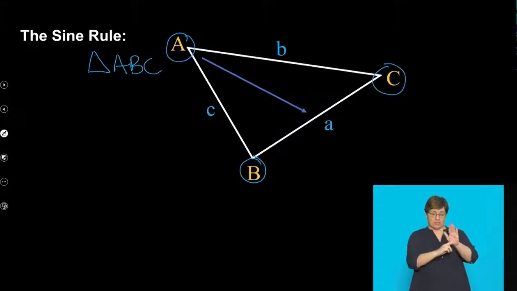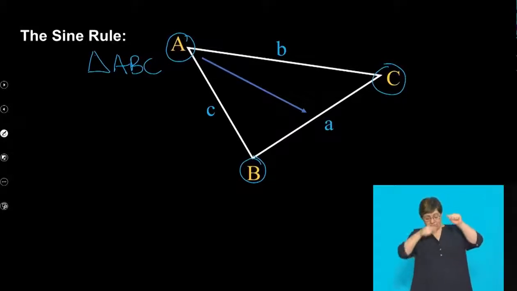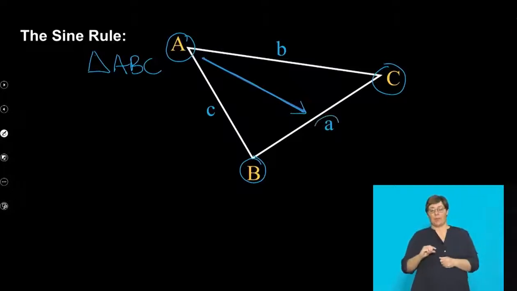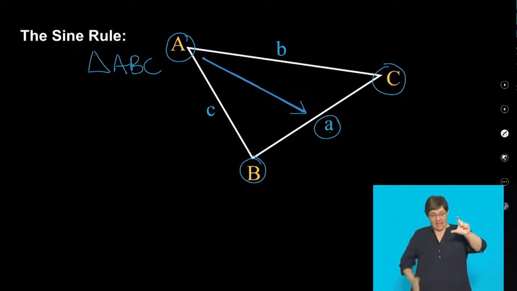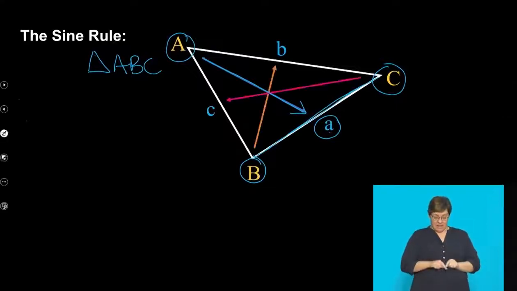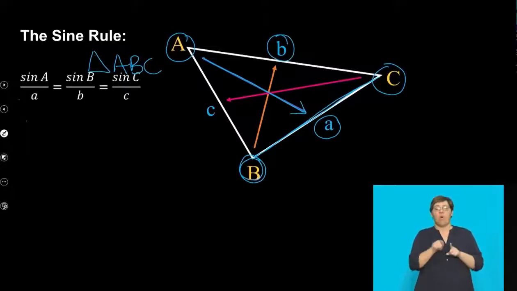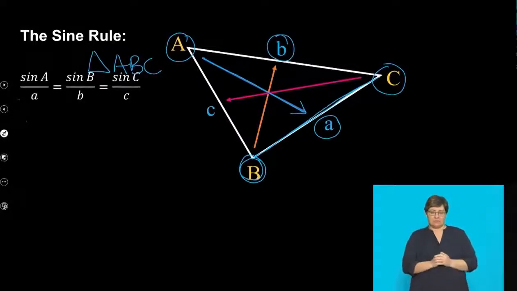The side directly across angle A is labeled with a lowercase of the same letter. So across angle A, we have lowercase a, which represents this side, BC. When we have uppercase B, the side directly across it will be labeled with a lowercase b. And similarly for C and lowercase c.